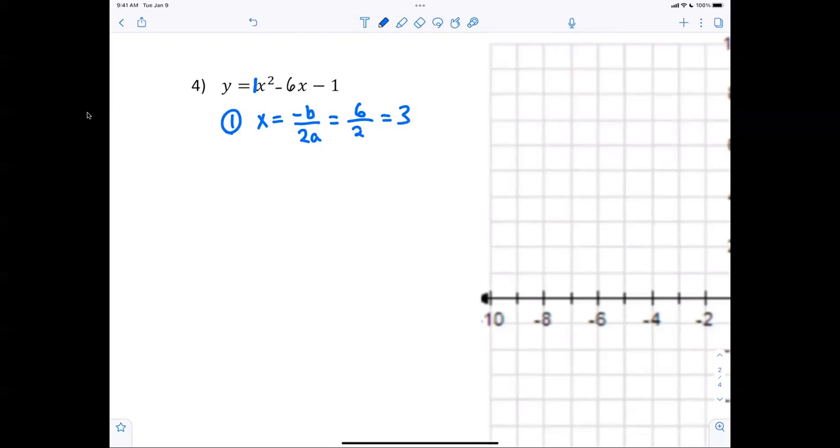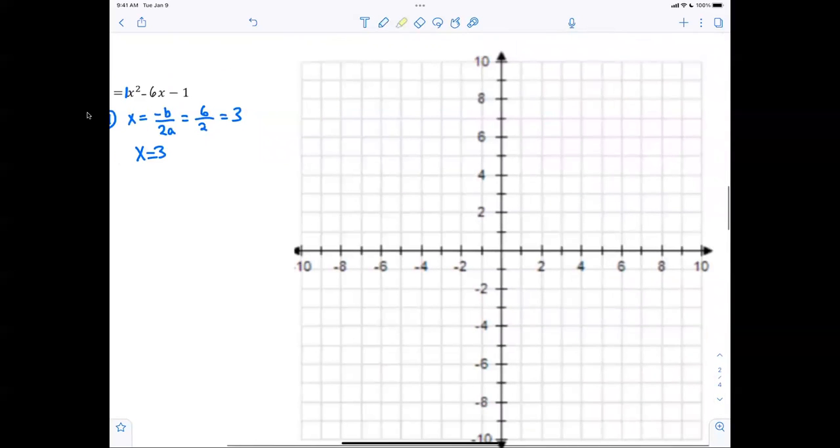So there we have it. The x coordinate of the vertex is 3. All right, your axis of symmetry is x equals 3. So everybody's going to 3, drawing that line in here.